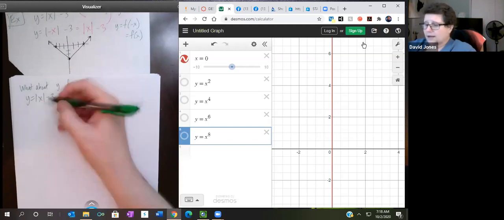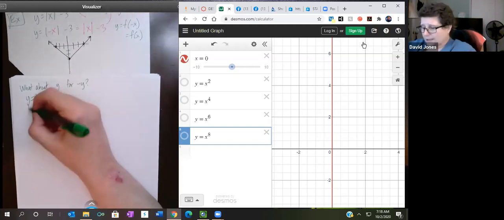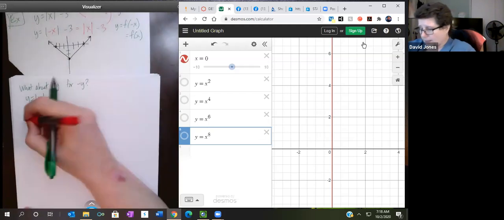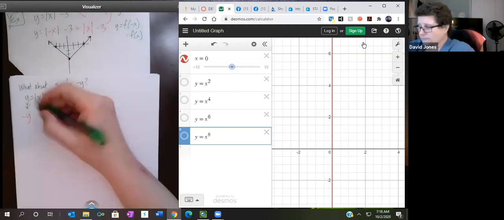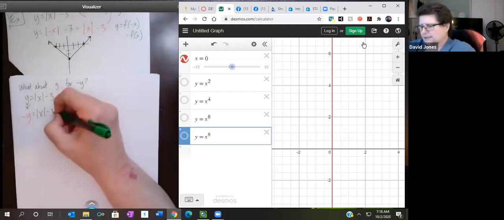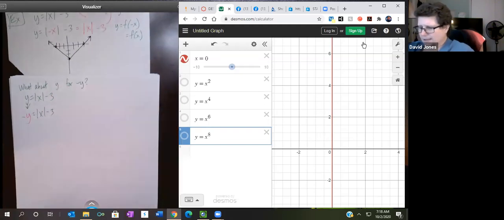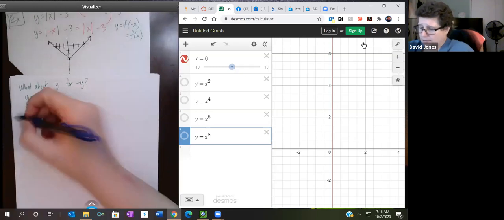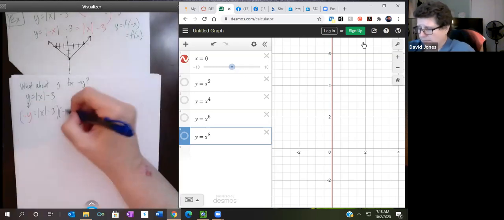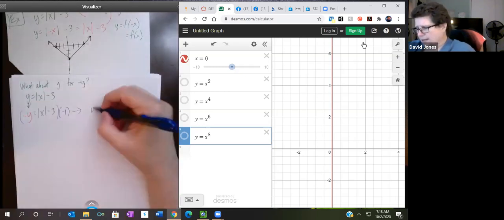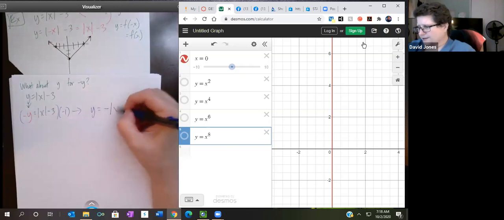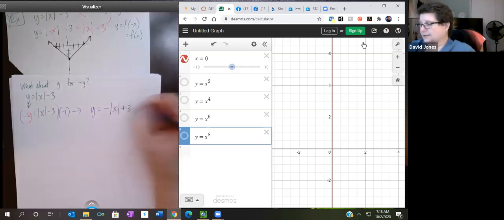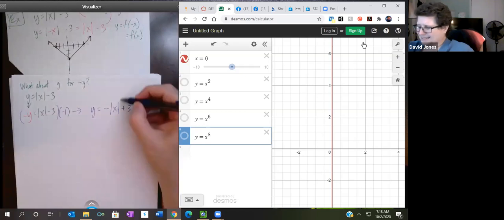If I make this negative y, I can rewrite this, multiply both sides by negative 1. I get y equals negative absolute value of x plus 3. It's not the same.